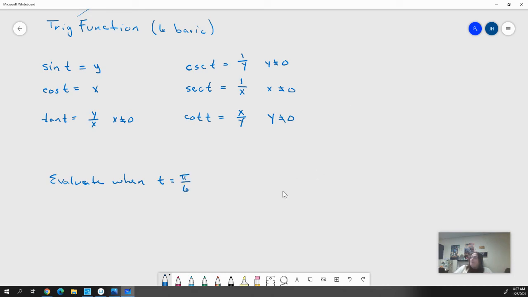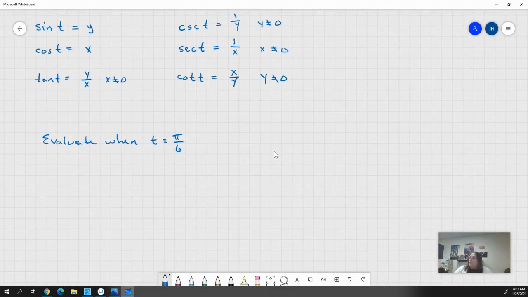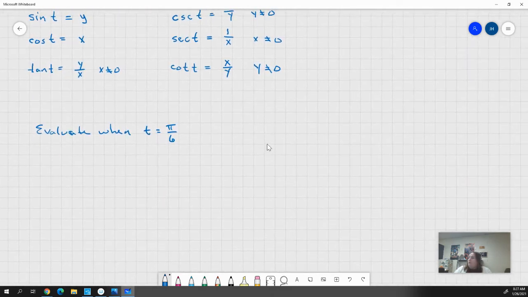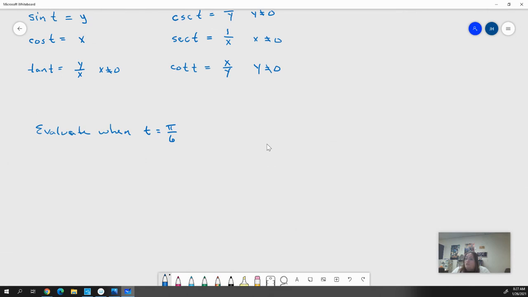Well, if you remember correctly, when we want to evaluate all 6 trig functions at pi over 6, we look at that unit circle, and we look at pi over 6, which was at 30 degrees.